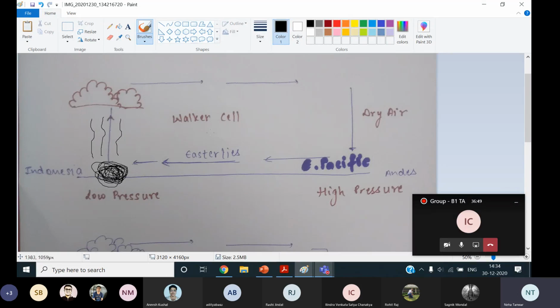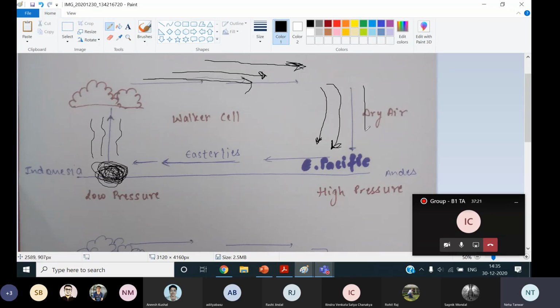Okay, fine. So let's complete this cell. In the atmosphere, the air moves from west to east and finally converges and sinks back at the eastern Pacific.